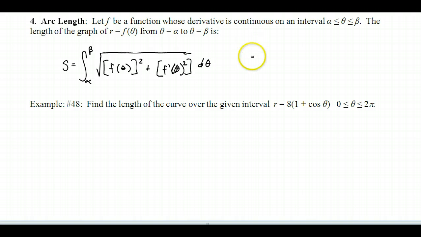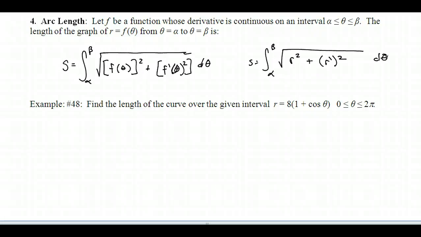Another way you could write this, from alpha to beta, is the square root of r squared plus the derivative of r squared, d theta. So it's an easy equation to remember.